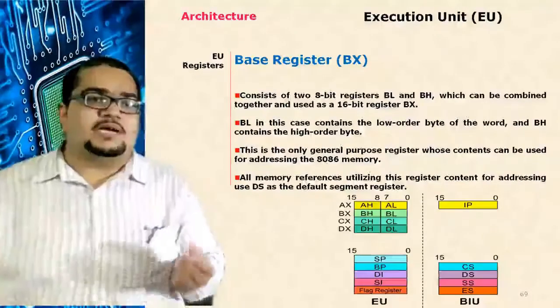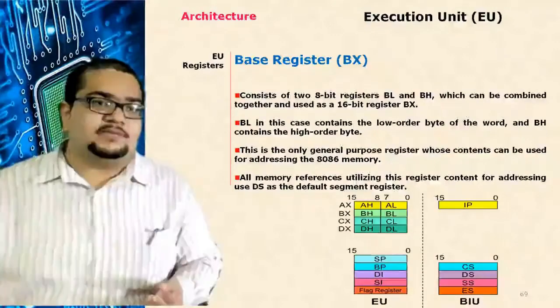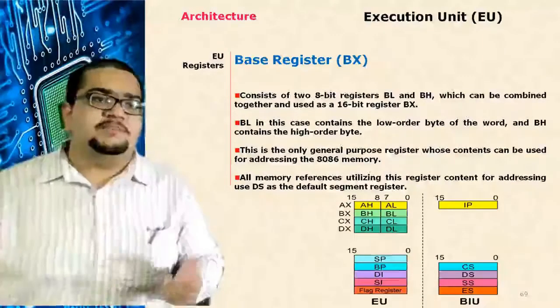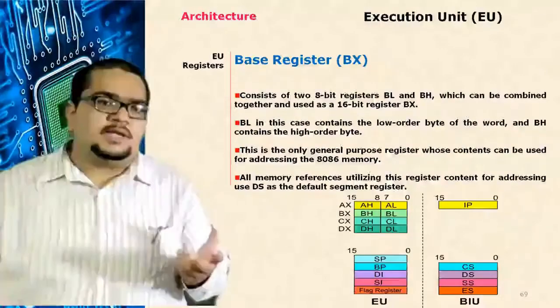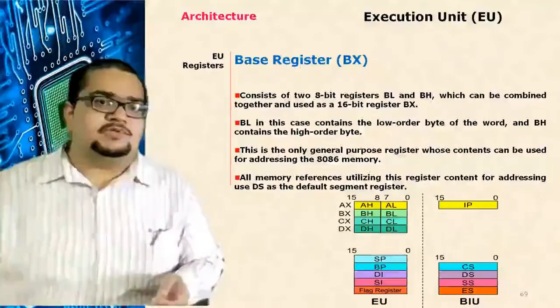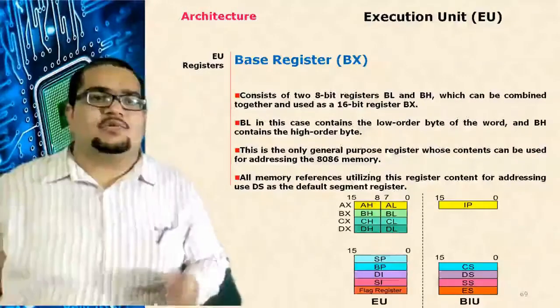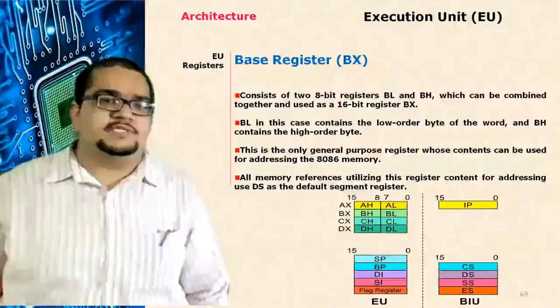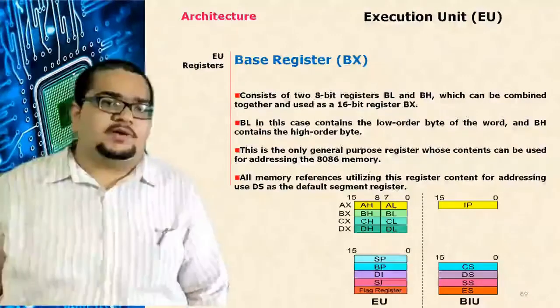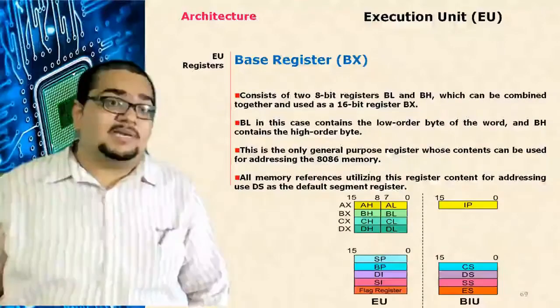If the address is calculated in index registers, you call it index addressing mode. If the address is held in the offset address, in the pointer registers or base type registers, you call it base addressing mode, and so on. Index addressing mode and base addressing mode are the more common of the call by reference type of calling in assembly language.